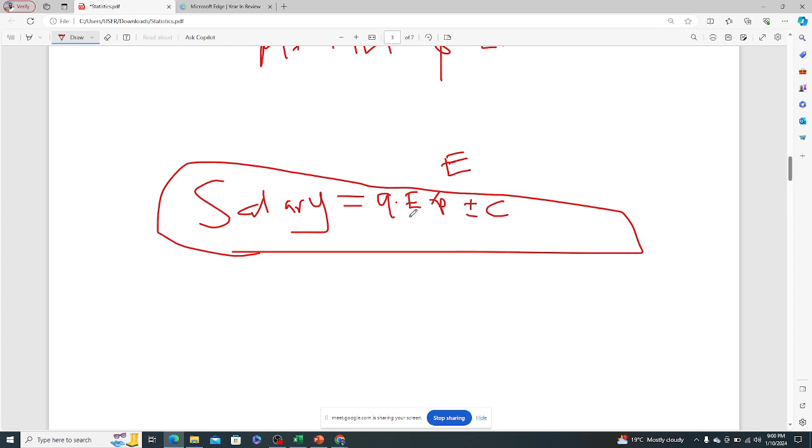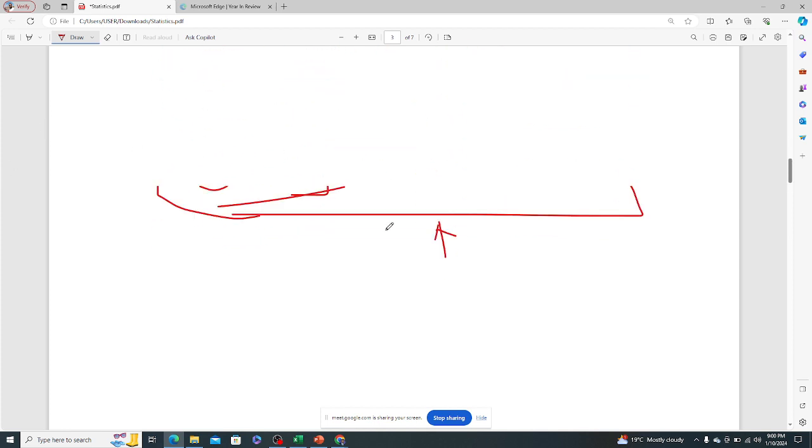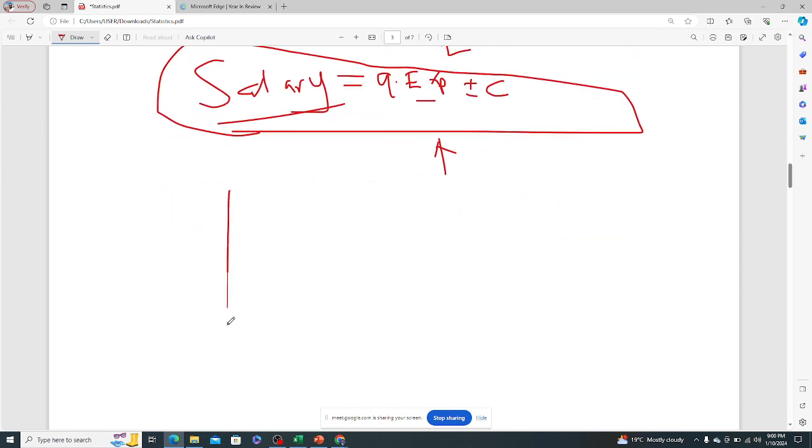Meaning we will use work experience in years to determine the salary which we will pay for a specific role. Basically, in this case we'll need the data for monthly salary and the data for experience.